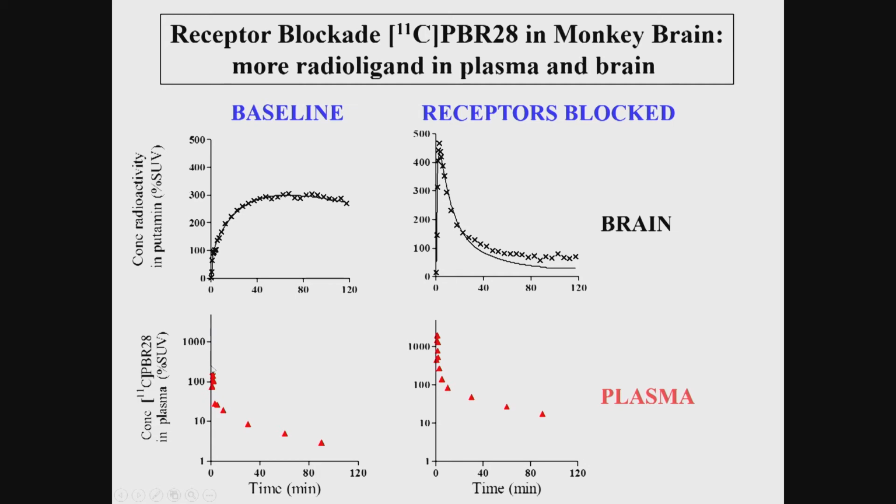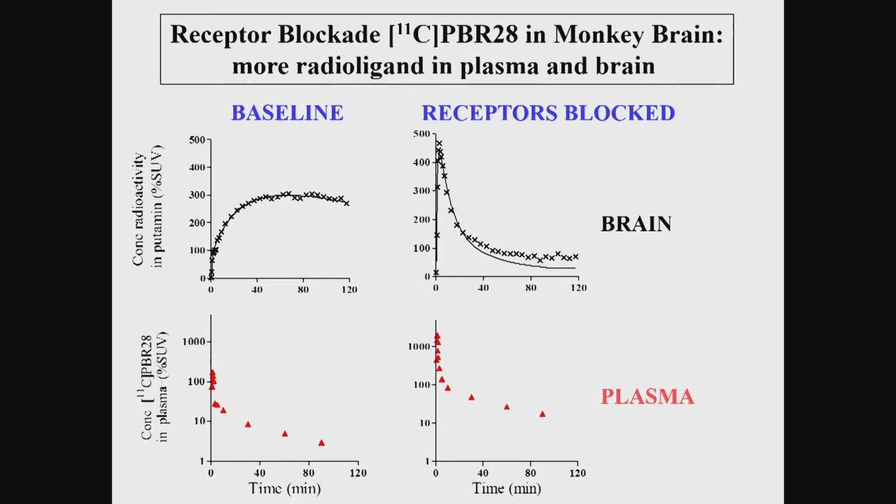And note that this is a log scale. So it's declining very rapidly here, but it's still staying in the brain because these receptors have high affinity for the radioligand. In this case over here, before the animal was injected with tracer doses of PBR28, the animal was injected with pharmacological doses of a non-radioactive drug that also acts at this receptor.